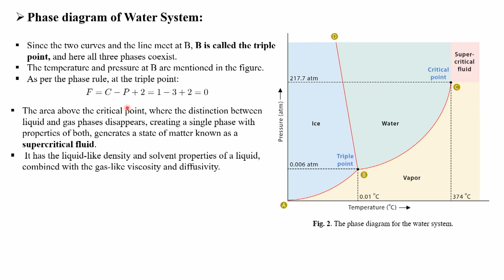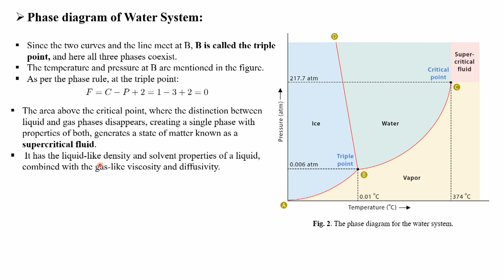The area above the critical point, where the distinction between liquid and gas phase disappears, creating a single phase with properties of both liquid and vapor, generates a state of matter known as a supercritical fluid. So this is the point, and this is the region called supercritical fluid, where you cannot distinguish between liquid and gas phase. This is only a single phase here.